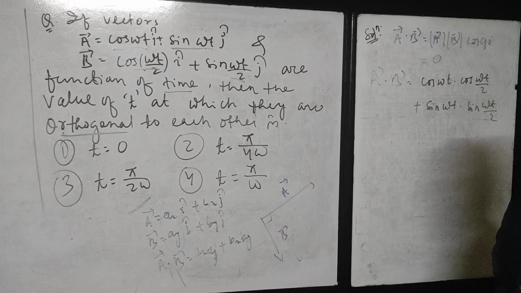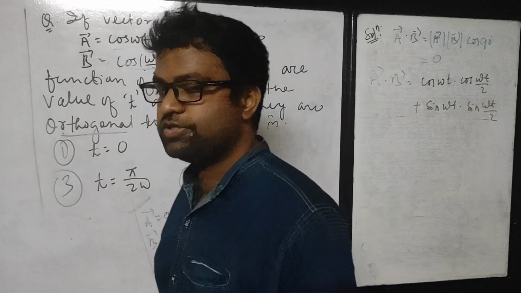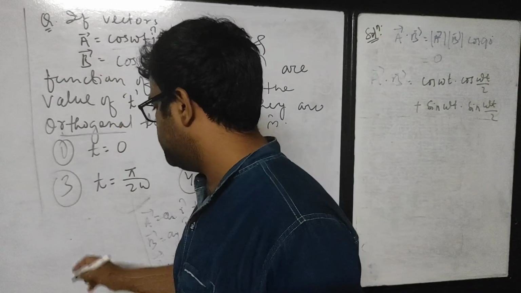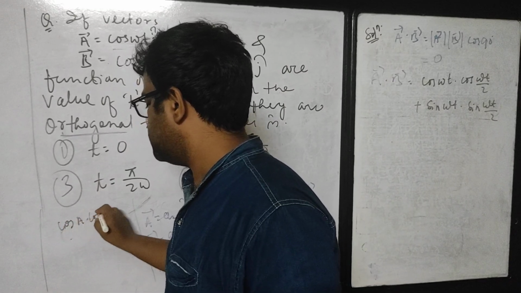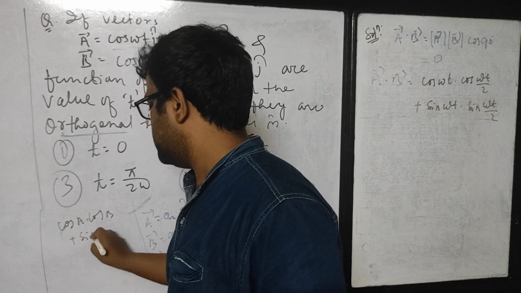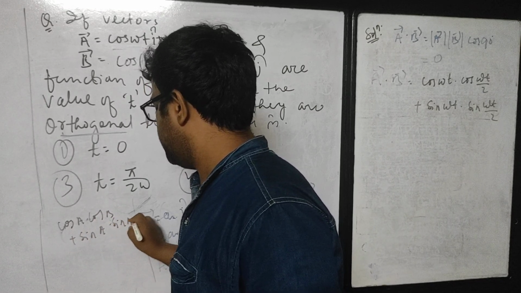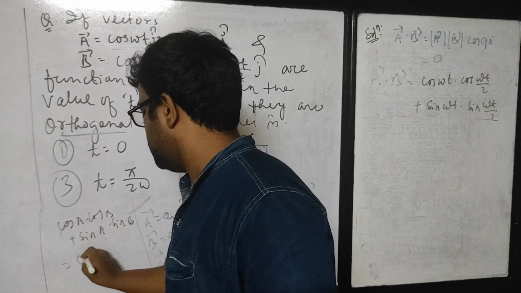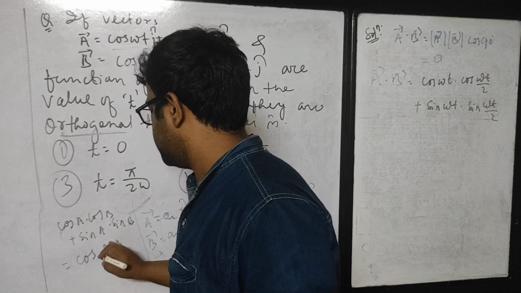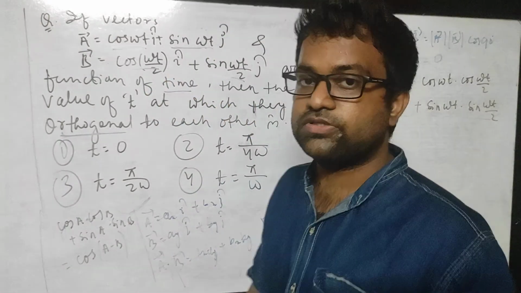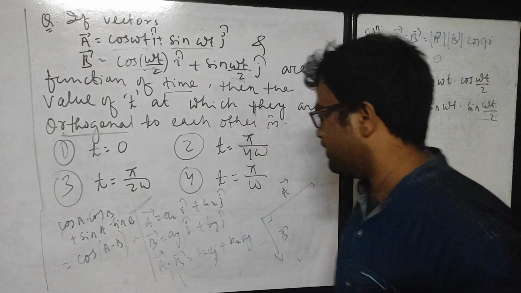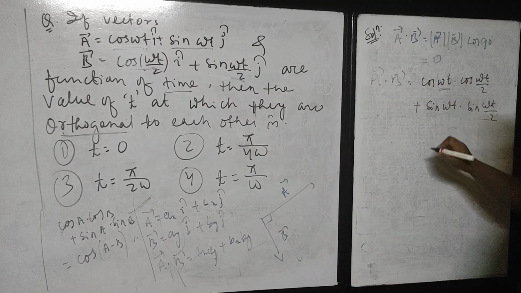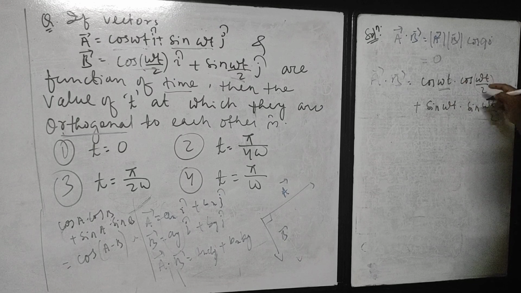Now from the trigonometric formulas we can use a formula here. We can use cos A cos B plus sin A sin B equals cos of A minus B. The cos A minus B formula is cos A into cos B plus sin A into sin B. Here A is omega t and B is omega t by 2.